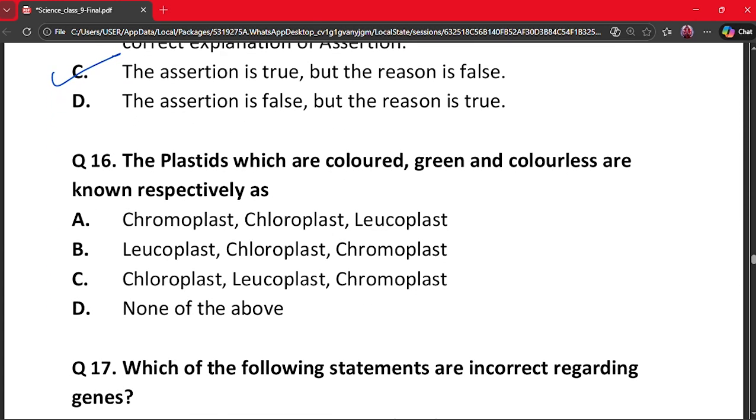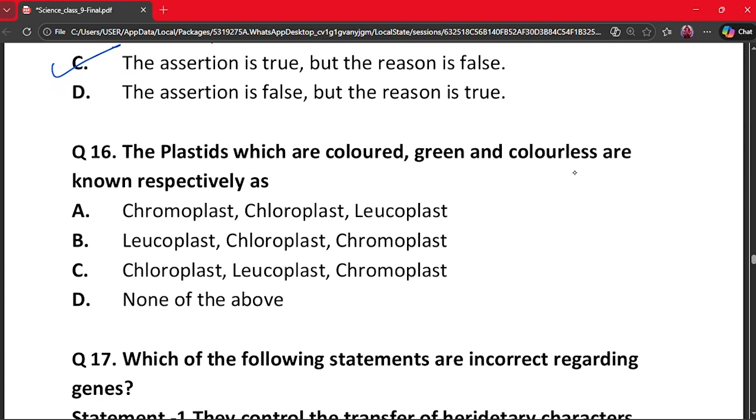Question number 16. The plastids which are colored, green and colorless are known respectively as A. Chromoplast, chloroplast, leucoplast. B. Leucoplast, chloroplast and chromoplast. C. Chloroplast, leucoplast and chromoplast. And D says none of the above.